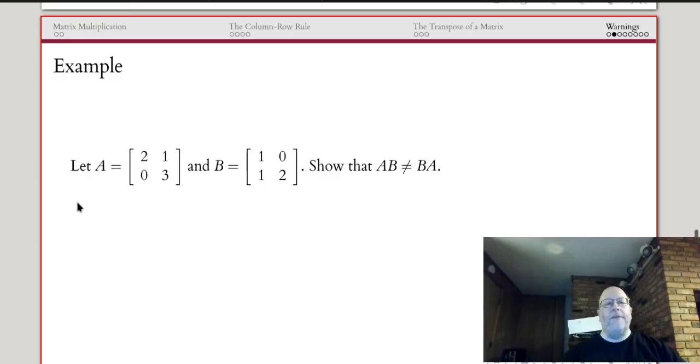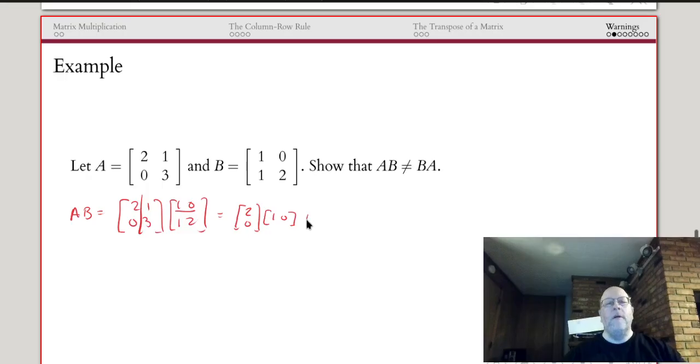So let's try this. If we multiply A times B, we get the column 2, 0 paired with the row 1, 0, and we get the column 1, 3 paired with the row 1, 2.